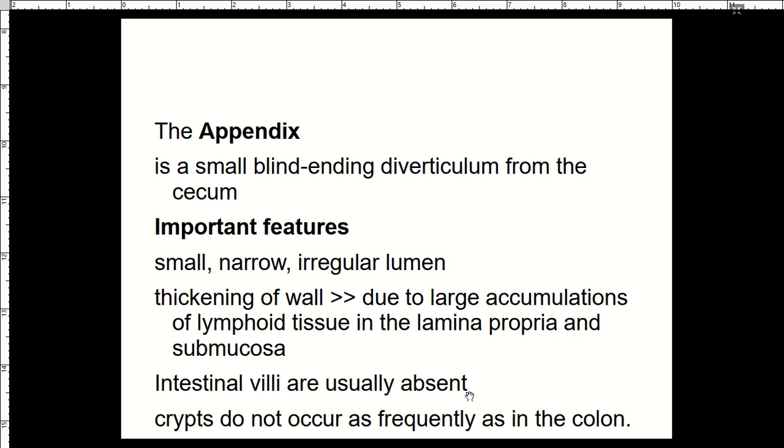Its important features: it has a small, narrow, irregular lumen, thickening of the wall, right, due to accumulation of lymphoid tissue in the lamina propria and mucosa. So in the appendix, what you're going to find is the lymphoid aggregation. There's going to be absence of intestinal villi and some few crypts of Lieberkühn.